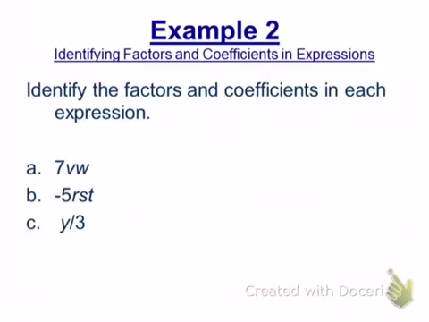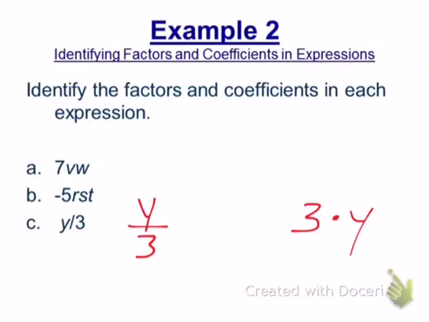Okay, this is y divided by 3. And they're asking us to identify the factors. We can do that. What are the factors? Y and 3. No. Y and 3 as factors would be 3 times y.